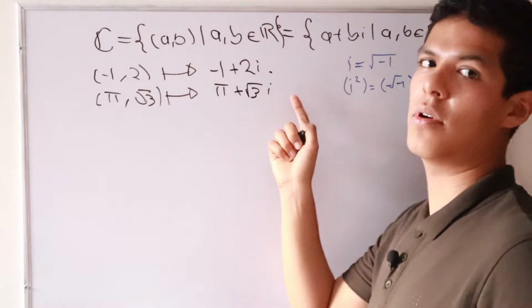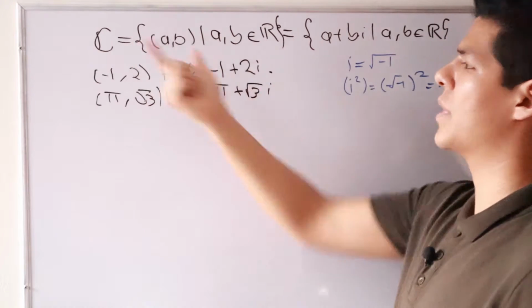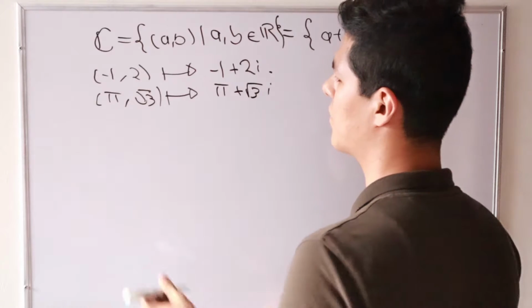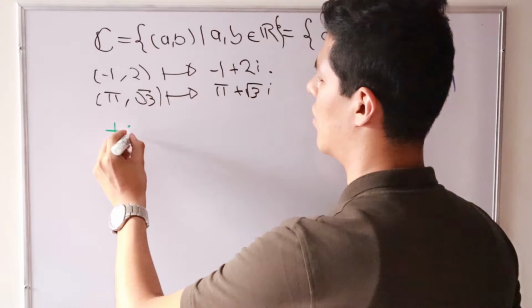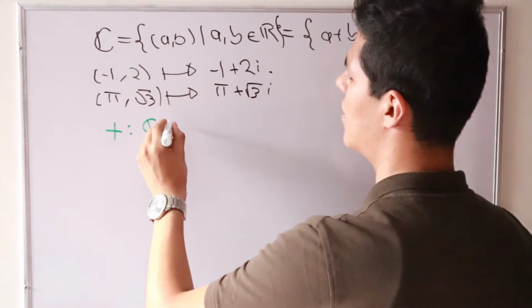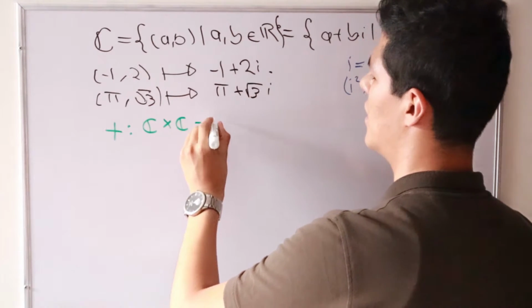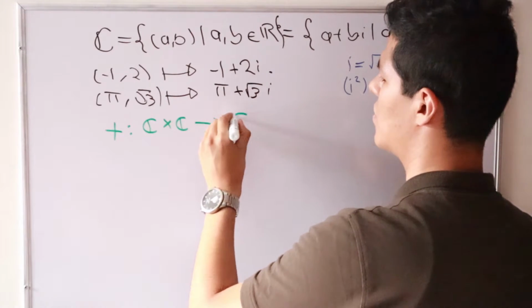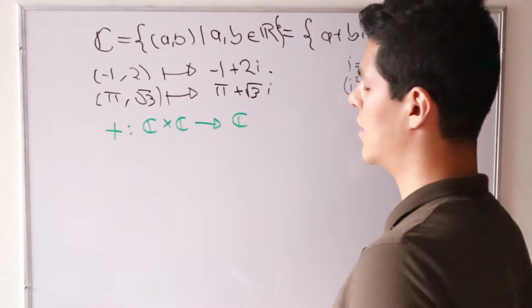This is another example of a complex number. So if you want to define the operation of sum, it has to take two elements of the complex numbers and send them to another complex number.